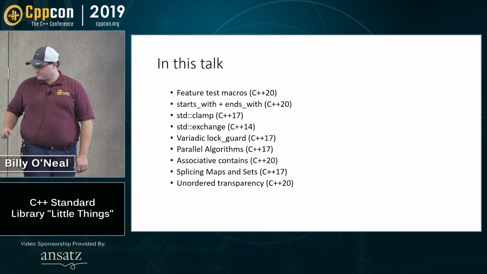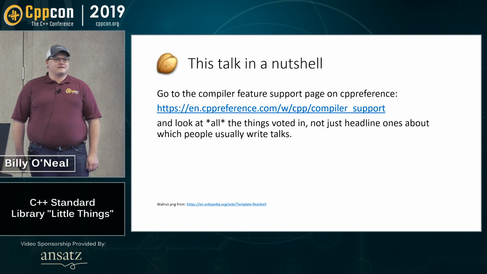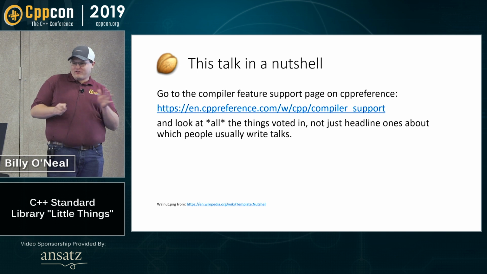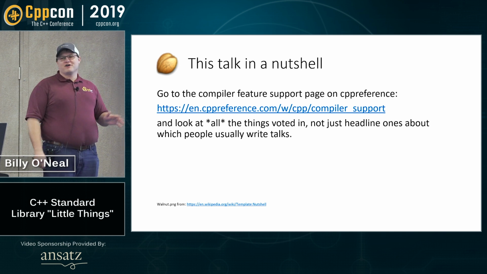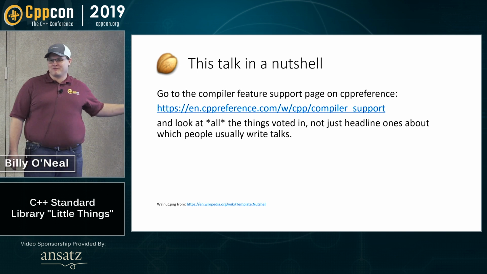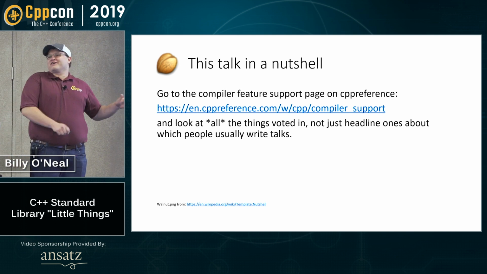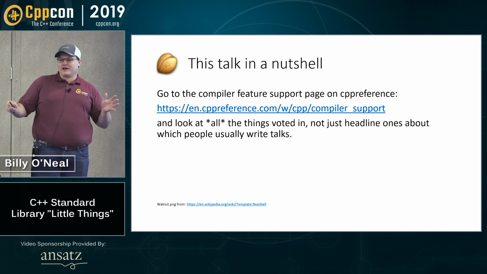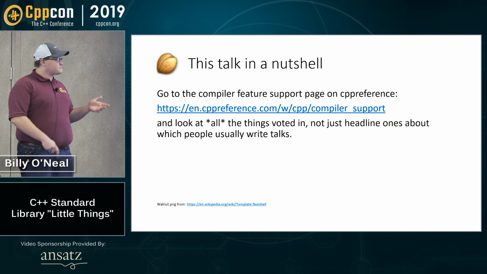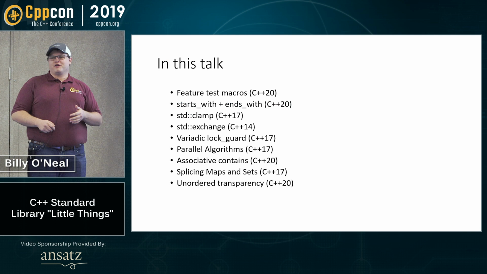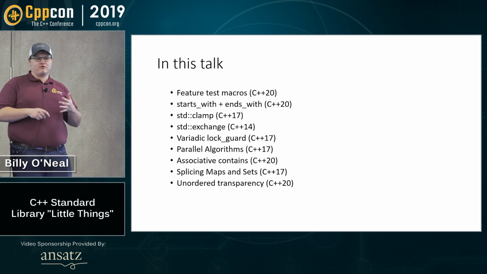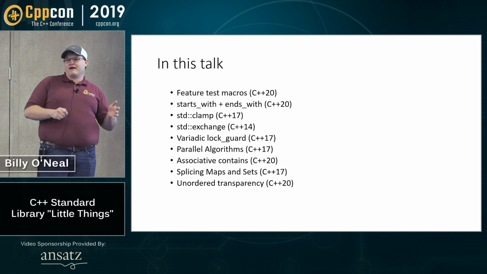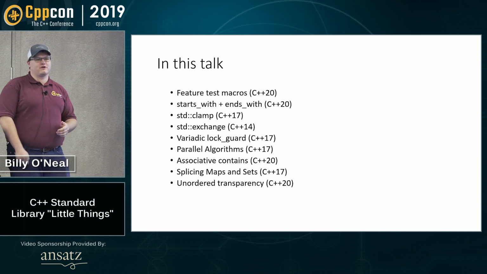All right, so this talk boiled down to its parts is: go to the list of papers that have been voted in and actually look at all of them, not just the ones that people give giant talks about, because there are lots of features that go through the committee and have people spending a whole bunch of time on that aren't necessarily headline things that you go rewrite big hunks of your code base for.